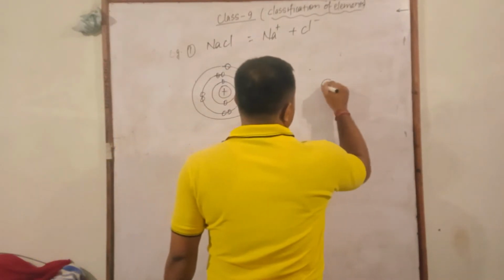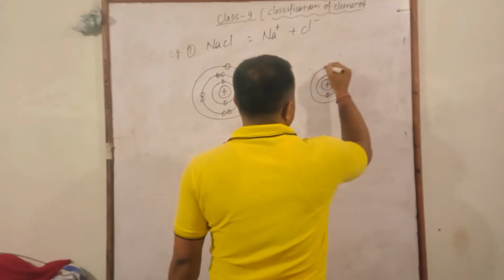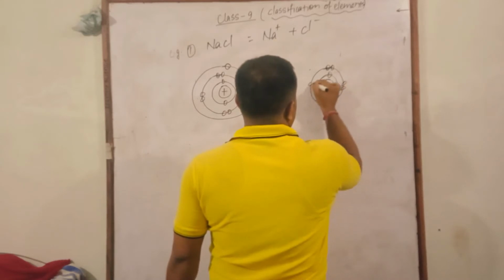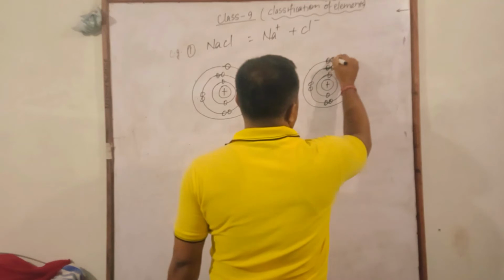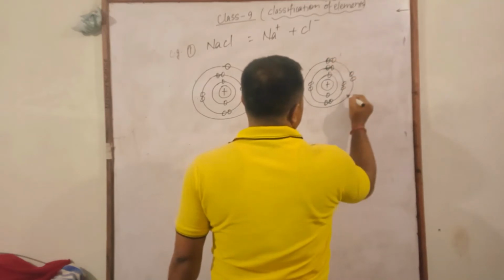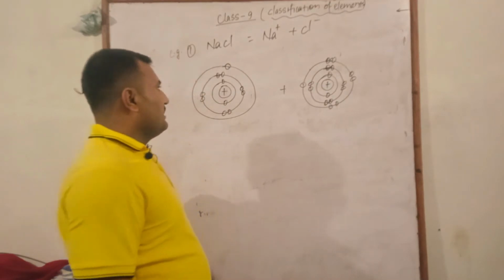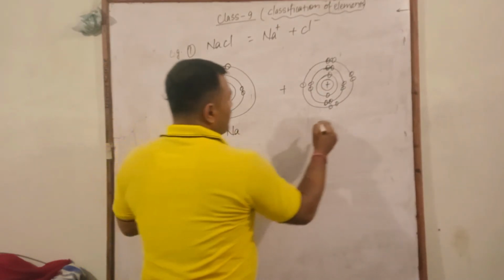In chlorine, in the first shell, 2 electrons are found. In the second shell, 8 electrons. In the third shell, only 7 electrons are found. This is the electronic configuration of sodium and chlorine.